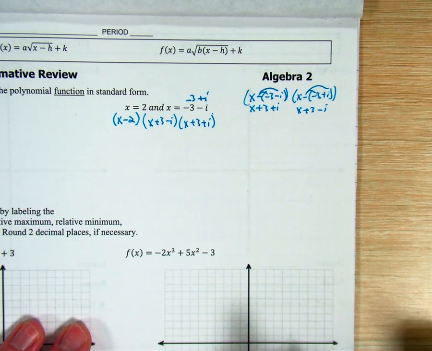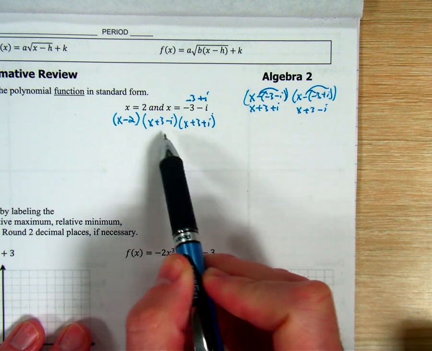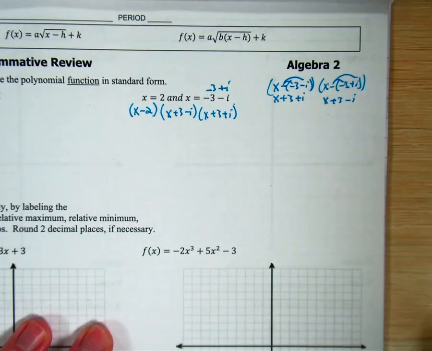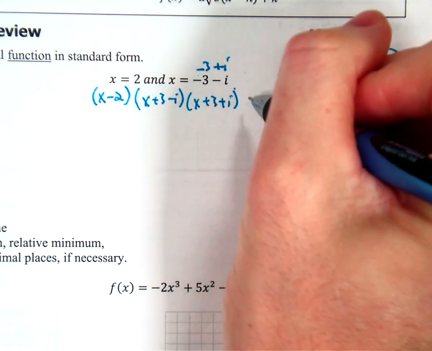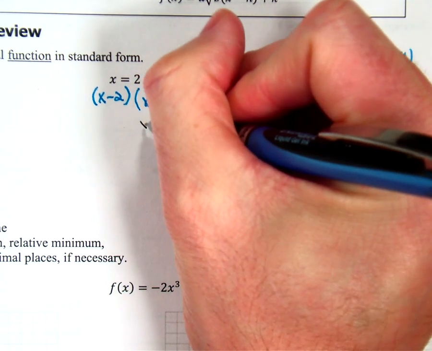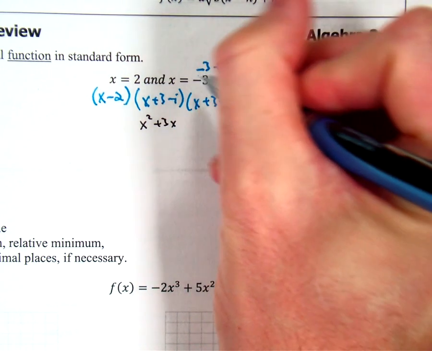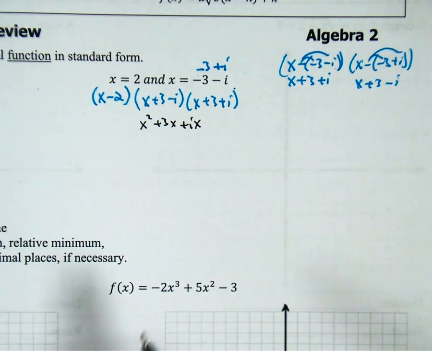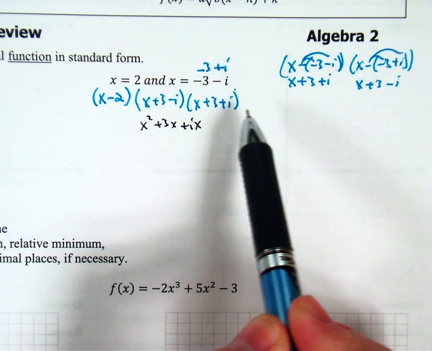Now the fun part. We're going to take each one of these times each one of those. So we're going to have 9 pieces. So we're going to have x to all 3 of those. So x times x is x squared, 3x, plus ix. And that was just taking this one to all 3 of those.